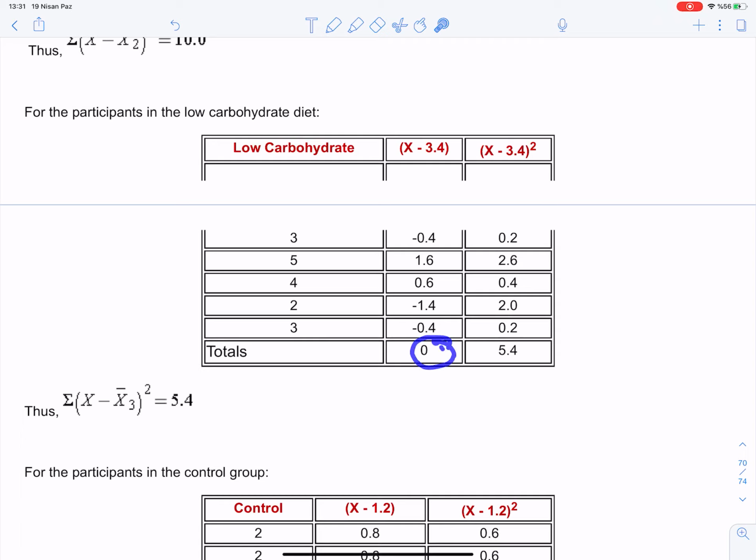The sum, as I told you, is always 0. Okay, the square: this one is 0.16, rounded to a single digit 0.2, and this one is 2.56, which after rounding is 2.6. You complete the rest and take the total as 5.4.